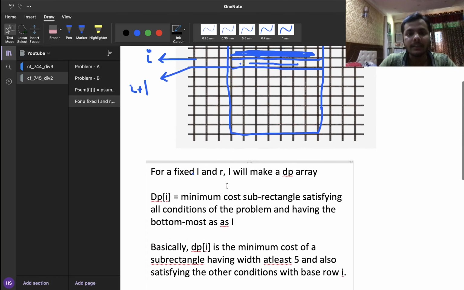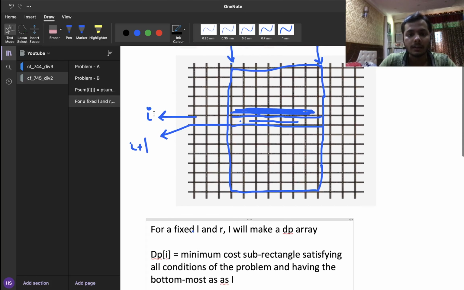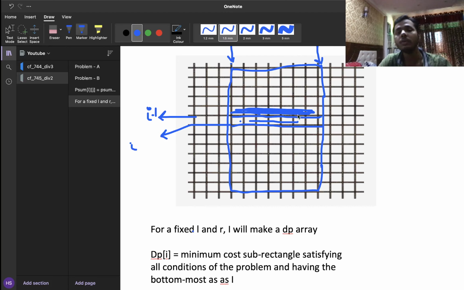So the thing is, in dp of I minus 1, let's say this is I minus 1 and this is I, right? So the only difference in the structure is that in dp of I minus 1 I am considering the last row as the I minus 1th row.